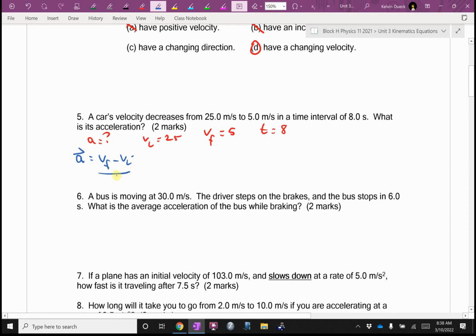Yep. Totally. Absolutely. So it's going to be 5 take away 25 divided by 8. We are going to get a negative answer. This is negative 20 over 8, which is the same as negative 10 over 4, which is the same as negative 5 over 2, or negative 2.5 meters per second squared. And as usual, 1 mark for the equation, half mark for the numbers, half mark for the answers.